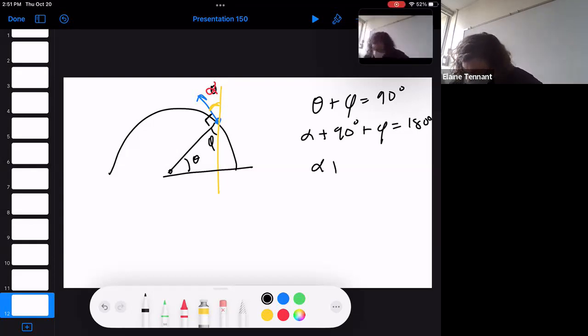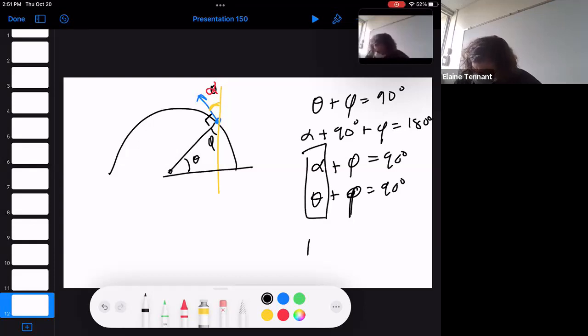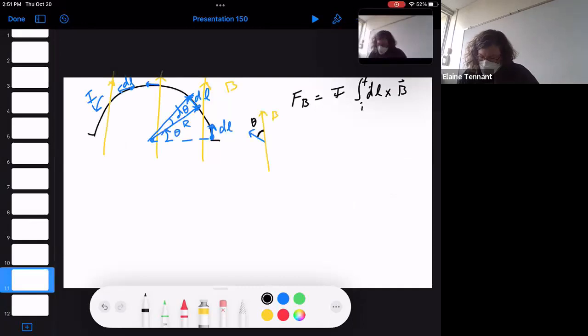So alpha plus phi equals 90 degrees, and theta plus phi equals 90 degrees. Alpha plus phi equals 90 degrees. Alpha is the same as theta. Okay, now I feel you believe me. So let's start trying to fill in this integral now.